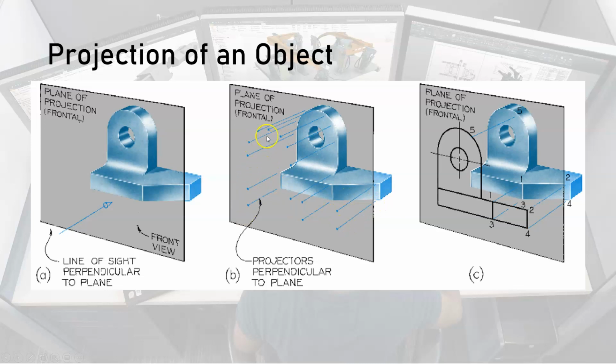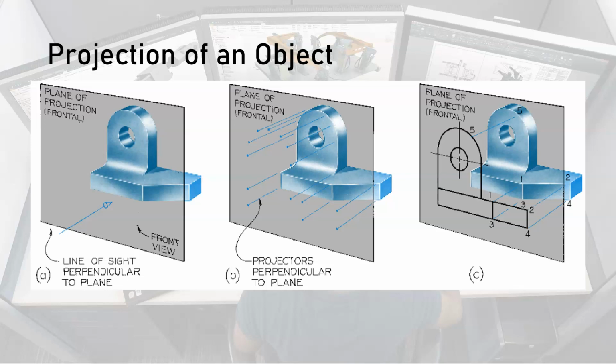And what happens is when we trace all of these projector endpoints around on the glass surface, we end up with a tracing of the, in this case, the front view of the object. And so that's the idea behind the projection of the object onto a projection plane using the projectors.